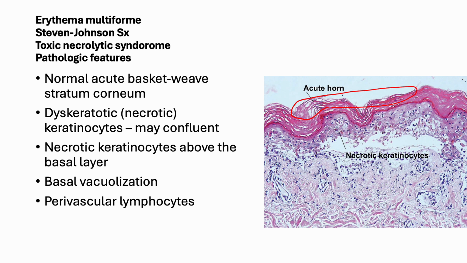And there is interface dermatitis. Because the interface dermatitis is damaging the basal layer, causing this separation. And the keratinocytes are necrotic. You can see this dyskeratosis, which basically means dying keratinocytes. So these are the features of the erythema multiforme, SJS, and the TEN.